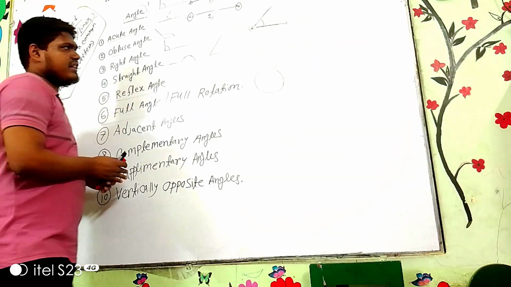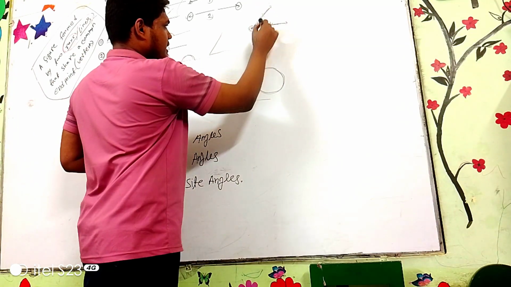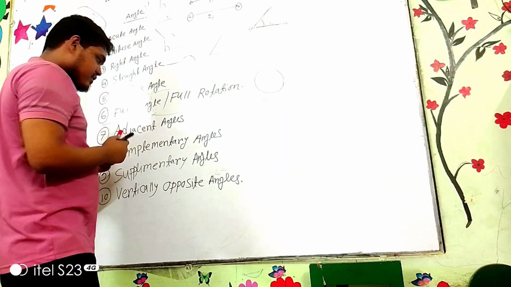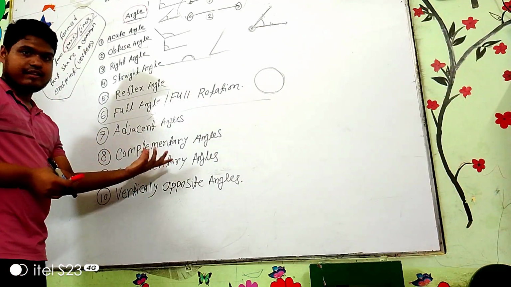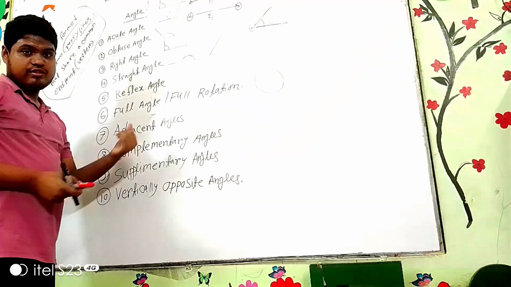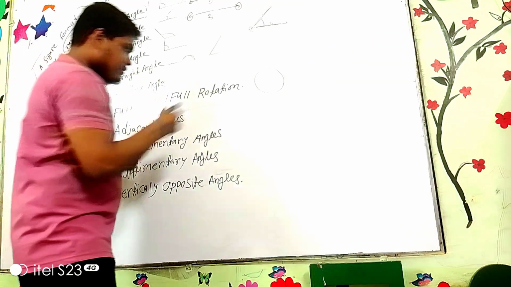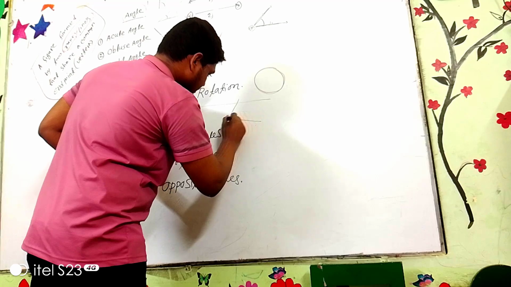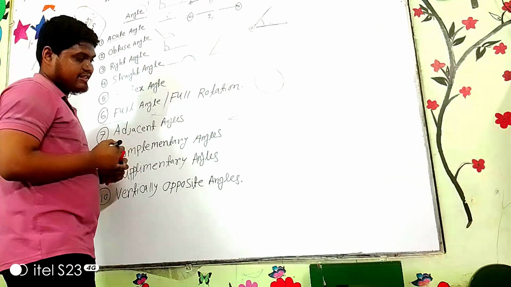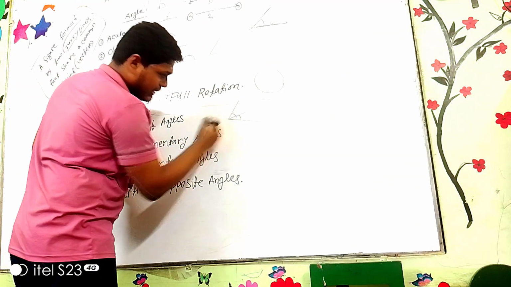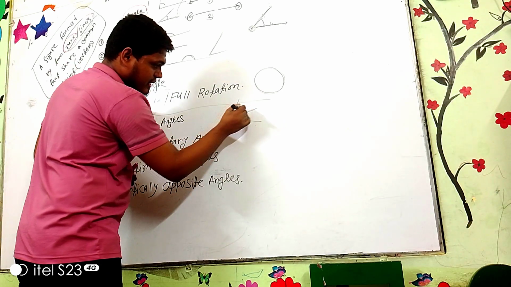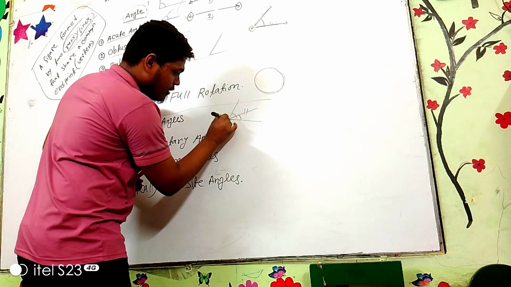This is called side and this is called vertex. So adjacent angles have a common side and common vertex.